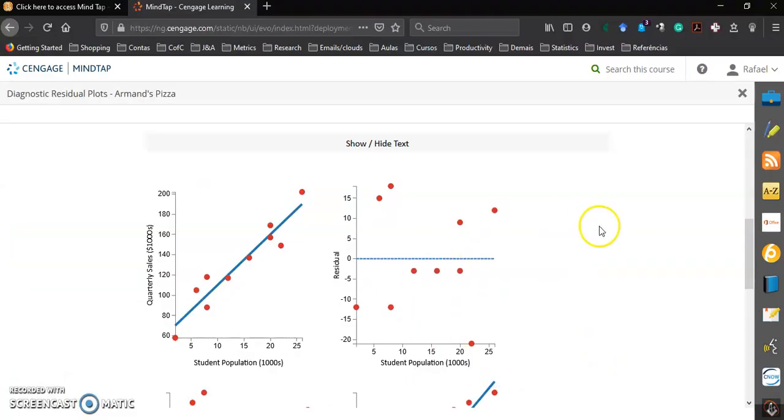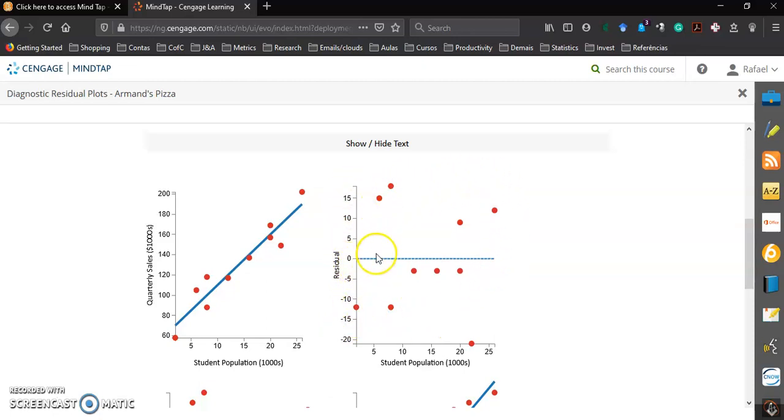Let me show you that with this applet from MindTap. Again, here is the model, and here is the size of the residuals. Remember, I showed you this chart in the previous video, the first video about residual analysis. This is the size of the residuals, negative residuals, positive residuals.